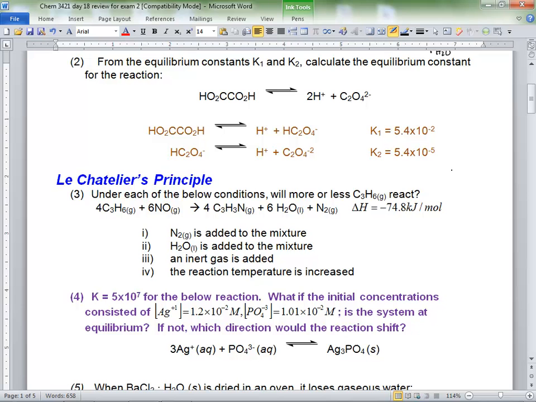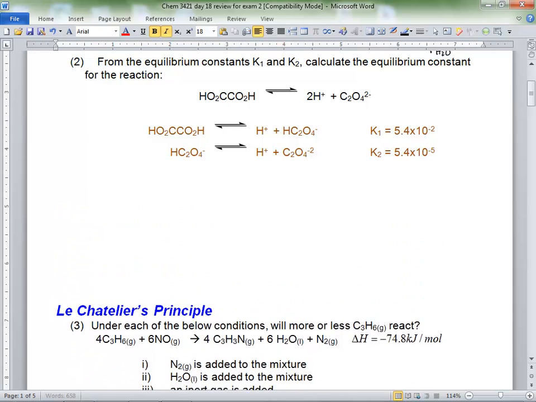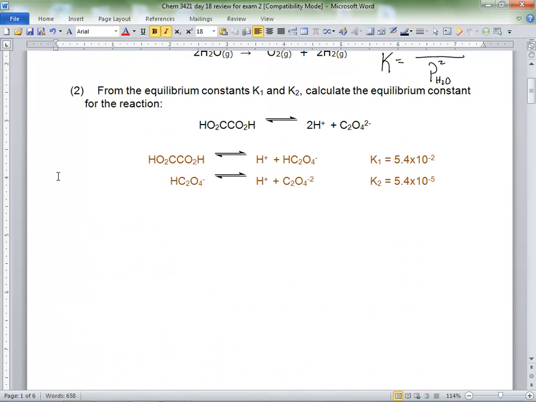Yeah, there's two ways that you can look at this. One way is you just add them up and you see that the oxalates cancel. But that's really not the healthy way, because it seems like, well, what do you do with the K's? If you can remember that section in class, if you add equations, you end up multiplying the equilibrium constants.